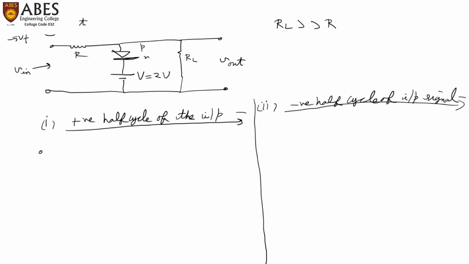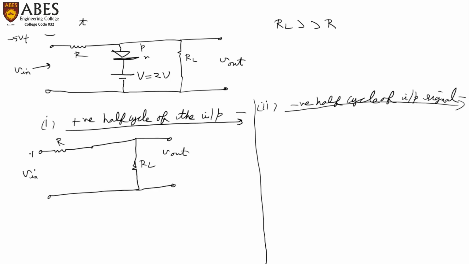That means redrawing the circuit: R, RL, V out and V in. Positive half cycle means this terminal is positive and this terminal is negative. Now the diode is connected where P is this one and N is this one, and a battery is connected here.